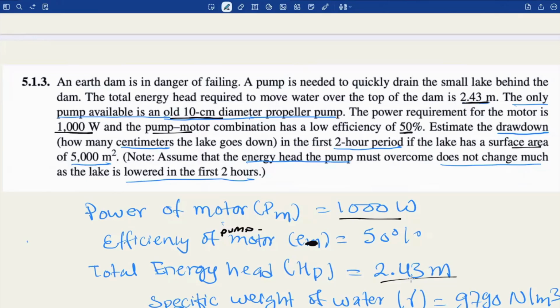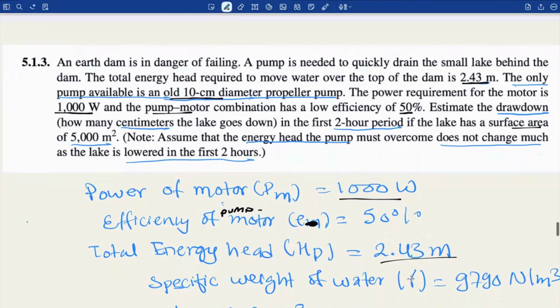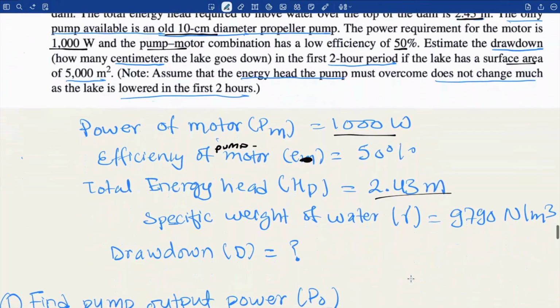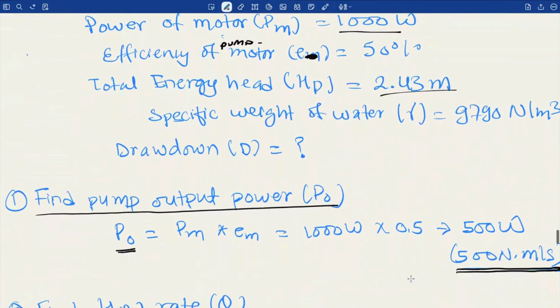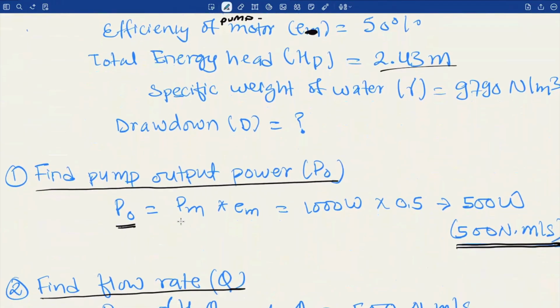So first we need to find the pump output, that is P naught. P naught will be equal to PM, power of motor, times E, the efficiency of the pump motor. That gives us 500 watt, which is basically 500 newton meter per second.